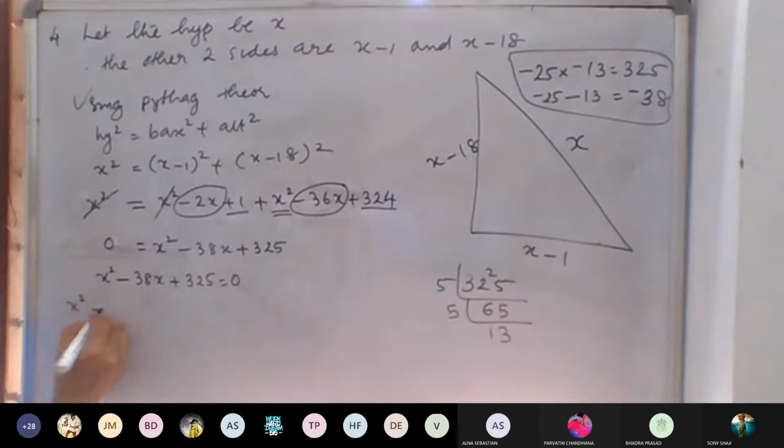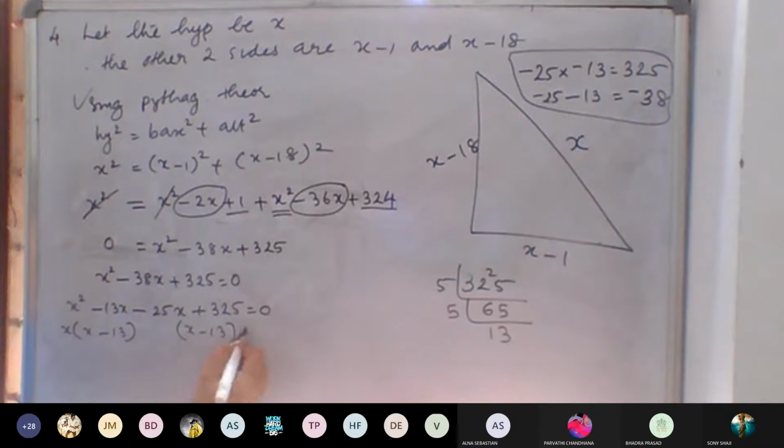So x square minus 38x plus 325 is equal to 0. So x minus 25 into x minus 13 is equal to 0.